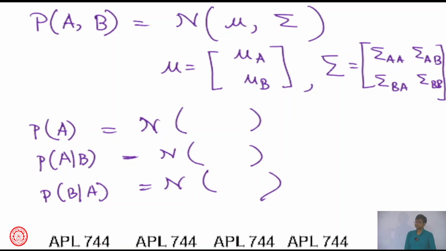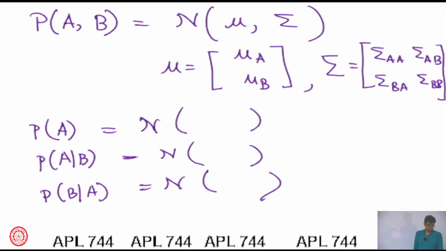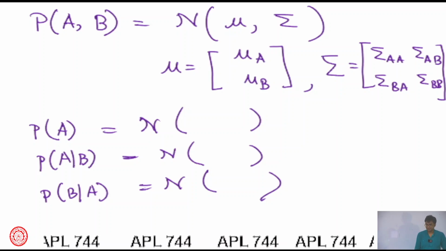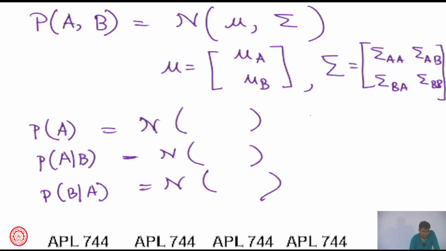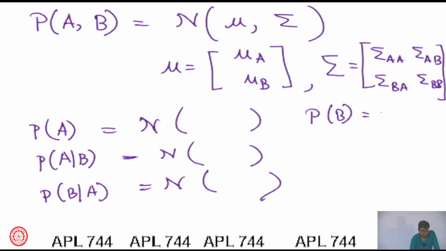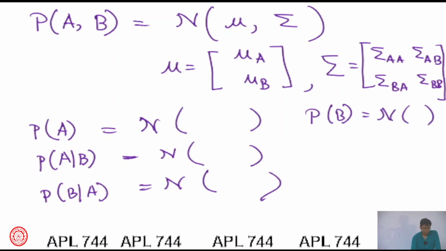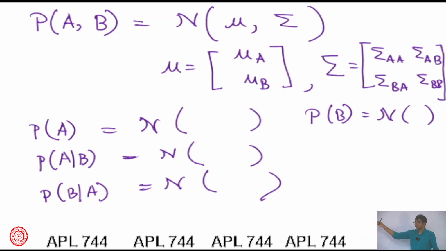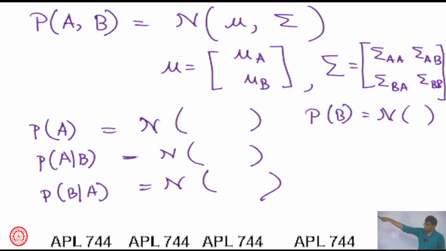Okay. Probability of B will also be Gaussian. And remember, here A and B are vectors I have considered. So, it is not like A and B are scalars, and that is why I have written it in this form.